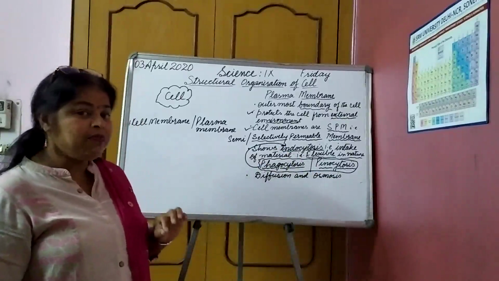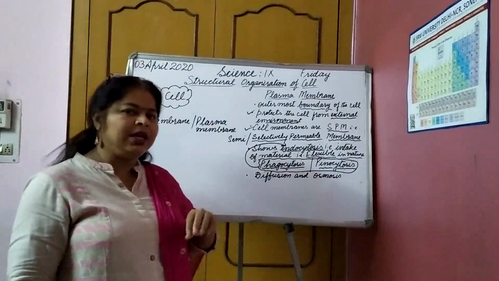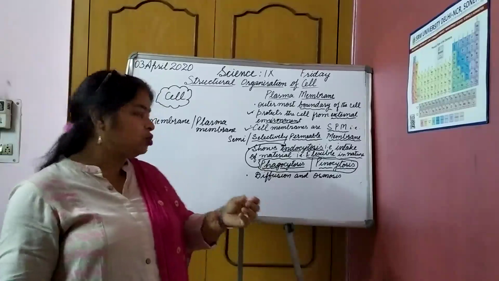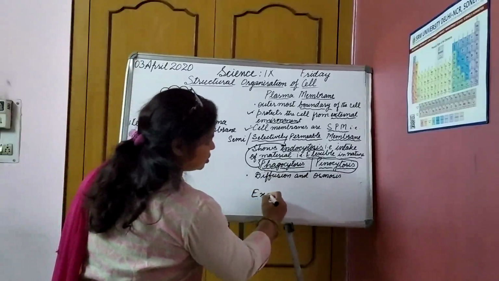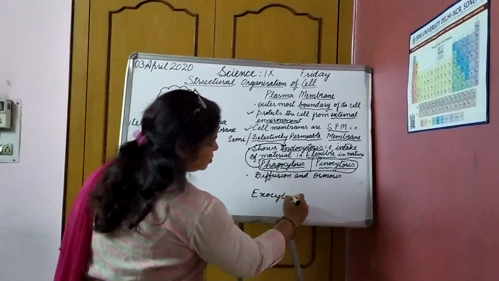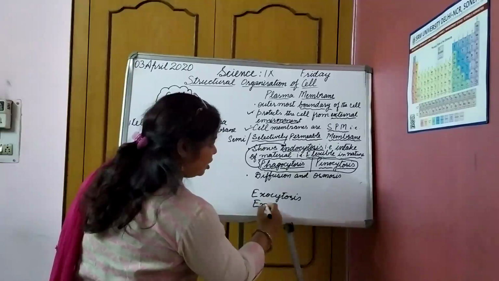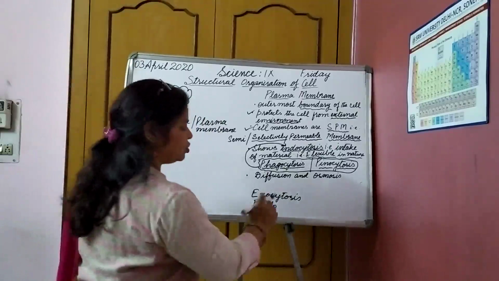In the same way, it can expel things outside. A solid thing can be expelled or a liquid can be expelled. For that we use the word exocytosis. Now the hint is there. Endo means in, under. Exo, exit.